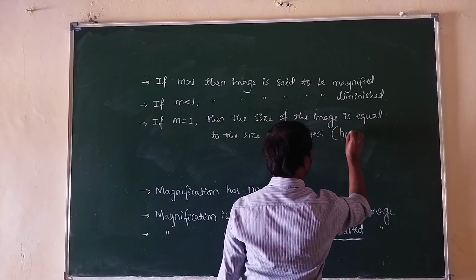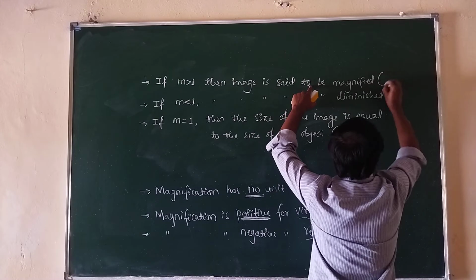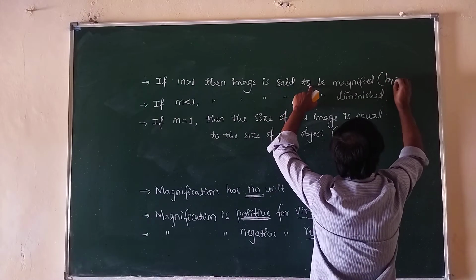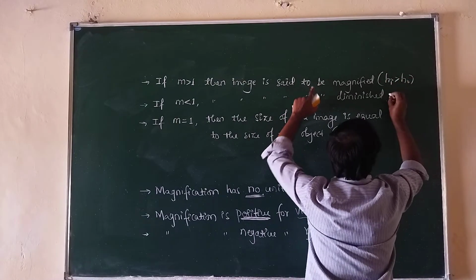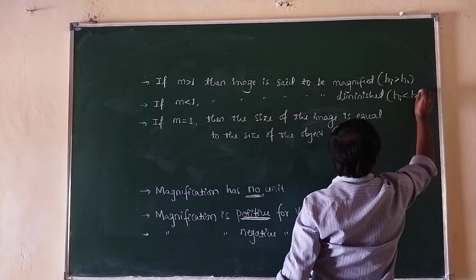But in the first case, height of the image is greater than height of the object, and in the second case, height of the image is less than height of the object.